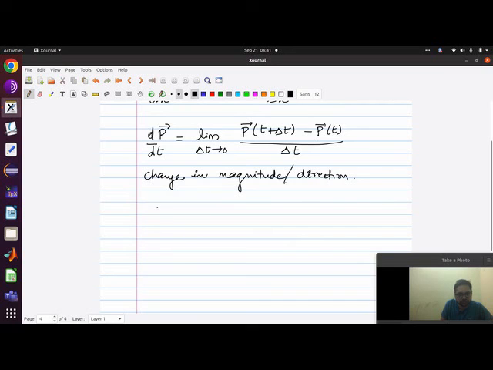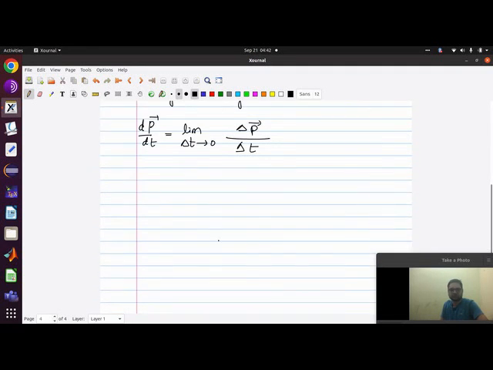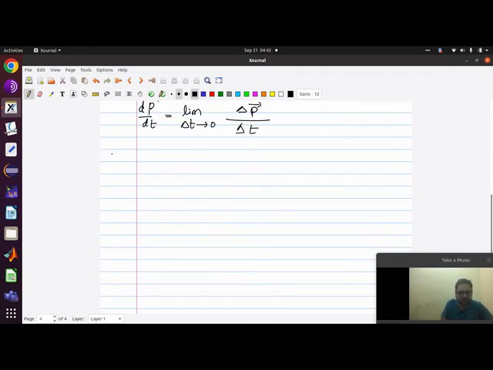Okay, so we'll write this as, let us write it again, dP by dt is the limit as delta t tends to 0, this whole thing divided by delta t. Now, first case, when there is only change in magnitude.